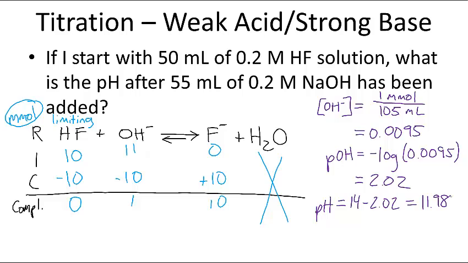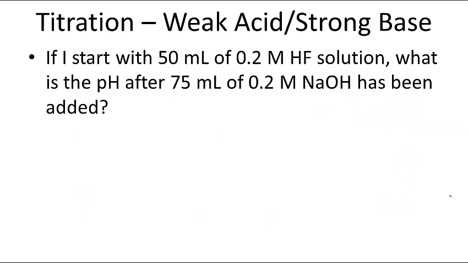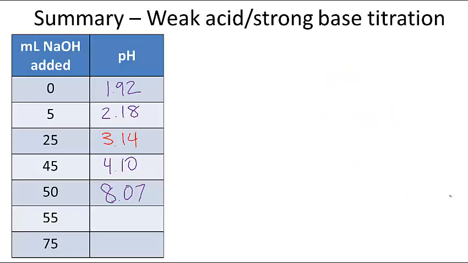So again, let's look at our big picture here. We were adding NaOH, the pH rose slowly. Went from 4.1 to 8.07, now to 11.98. So over the first 45 milliliters we added, the pH essentially changed by about 2 units.